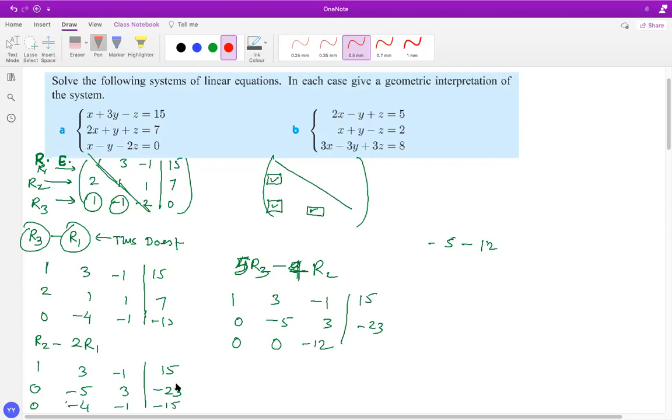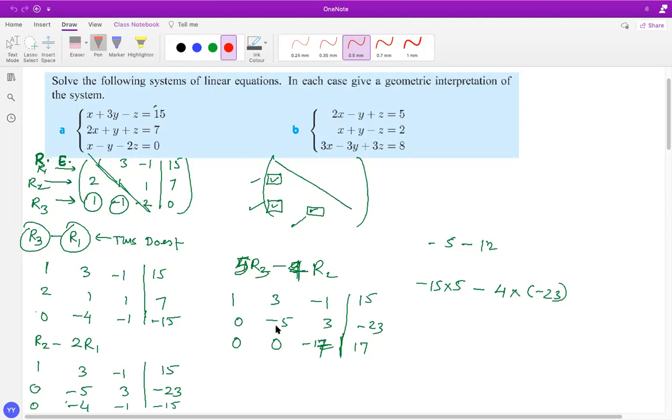So negative 5 minus 12 is negative 17. Next is negative 15. So you're multiplying negative 15 by 5 and subtracting 4 times negative 23. This answer simplifies to positive 17.